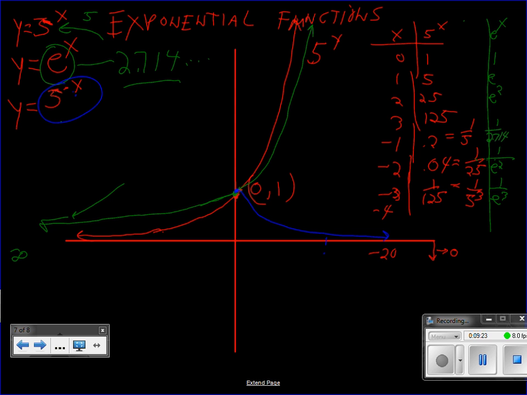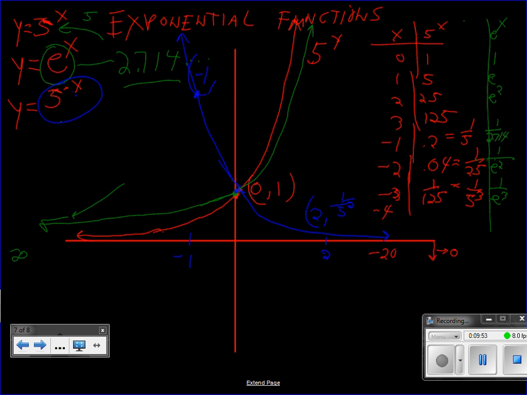So if I put in a 2, it's going to be like 1 over 5 squared.